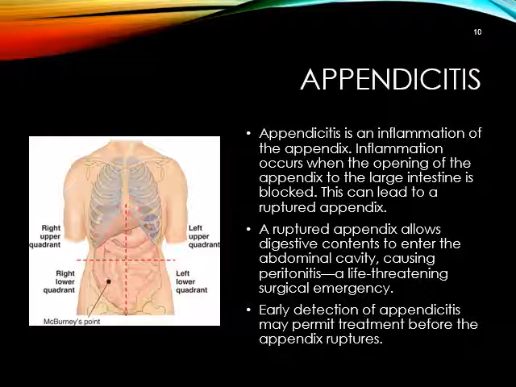Inflammation occurs when the opening of the appendix to the large intestine is blocked. This can lead to a ruptured appendix. Now that can be really bad. A ruptured appendix allows digestive contents to enter the abdominal cavity, causing peritonitis. So you've got stool contents emptying into the abdomen. Peritonitis is painful, and if it's a sudden rupture, there's sudden pain.